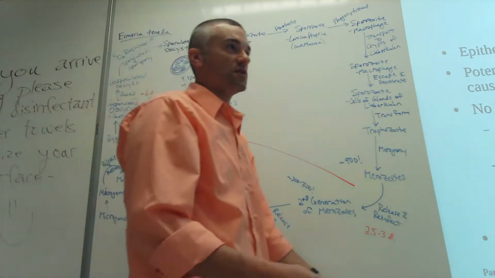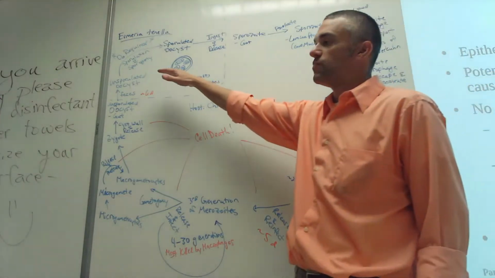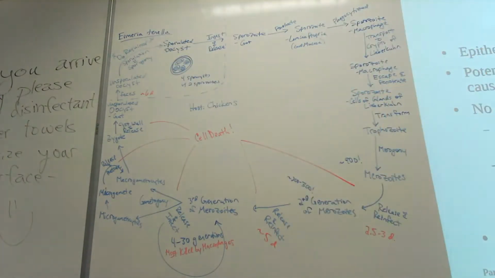So some of these you could have lingering infections, but if that chicken survives to oocyst release, if it survives up to this point, then it typically survives the infection. It's just with these early stages, the chicken's going to probably die in less than a week. Oh, geez. 5 days, 4 days, 5 days.